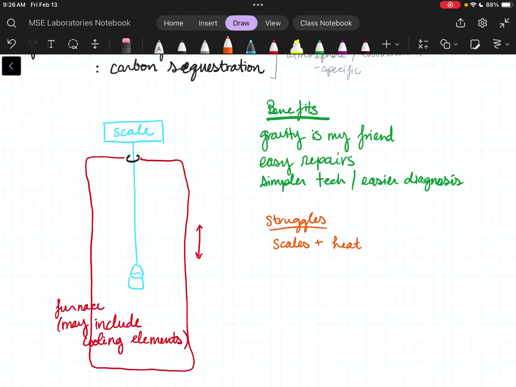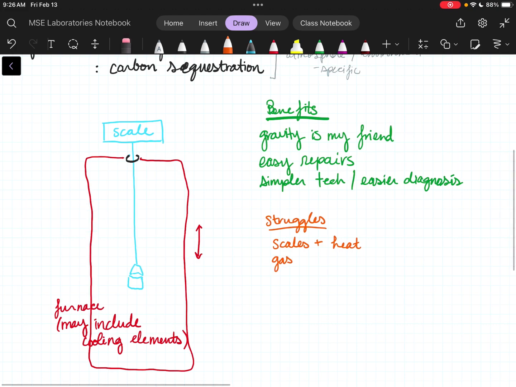So some of the struggles here, you mentioned scales and heat are not great friends, and heat rises. So we do have the potential of messing with the scale if the scale isn't up high enough, or if that seal breaks down.